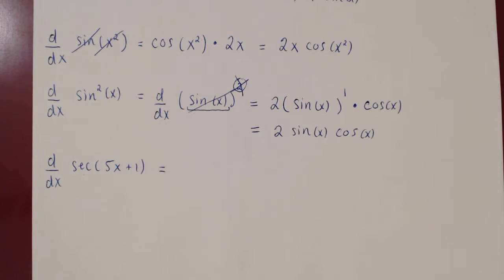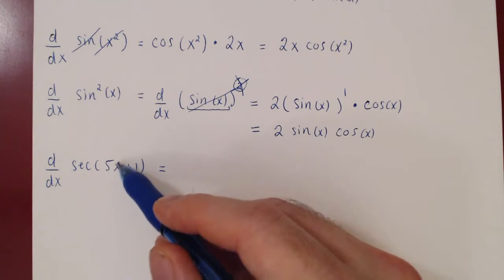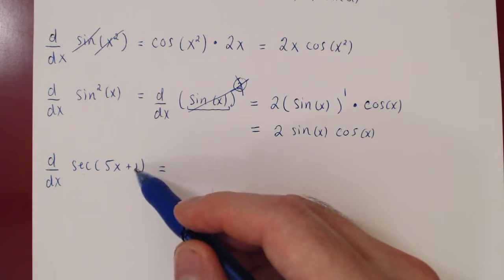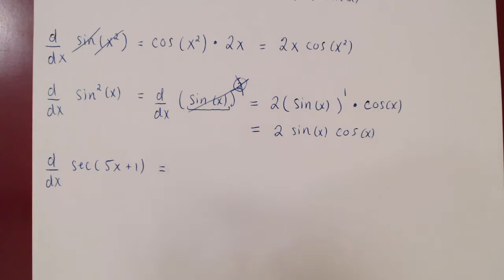We have a composition. So if I give you a value of x and I said to evaluate this expression, you would first do 5 times x, then you would add plus 1, and then you would find secant of this expression.